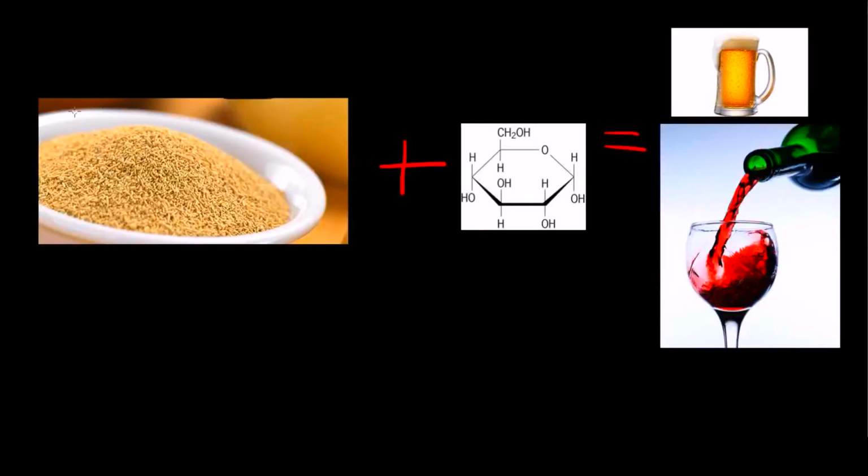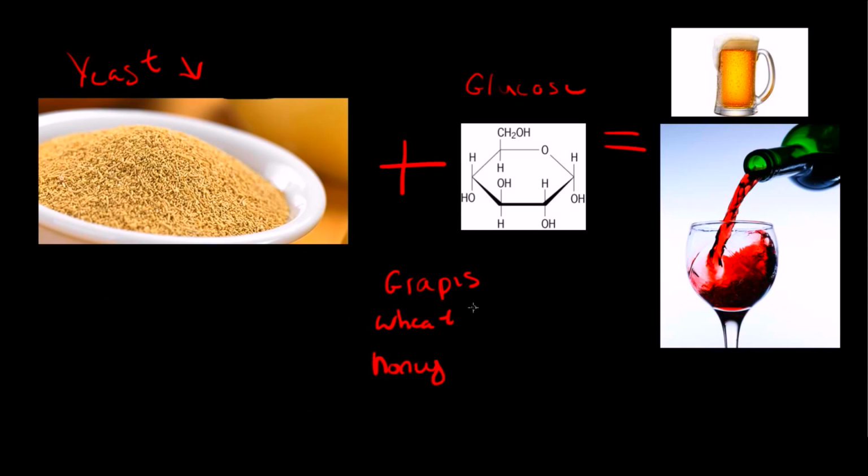So for a final overview, yeast, which looks like that by the way, tiny little grains, and these are all fungi. So these tiny little grains plus glucose, which can come in any form: grapes, wheat, honey in some cases.